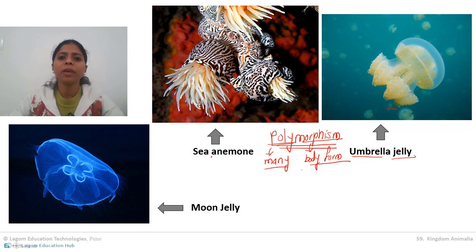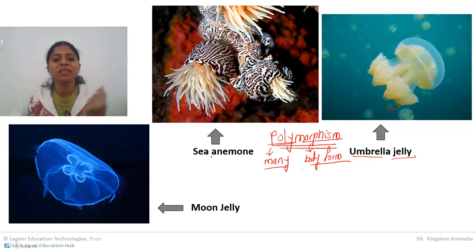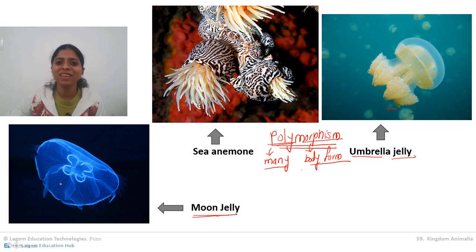After budding they will produce a totally different looking animal, not sedentary, not rocky. Instead they produce very beautiful jellyfish like this moon jelly. Getting my point? These corals, which are just like a rock at the bottom of the ocean, undergo budding and form this animal, the moon jelly.